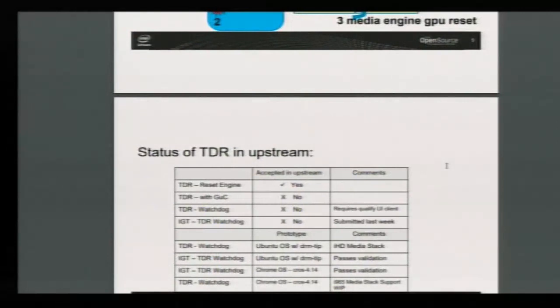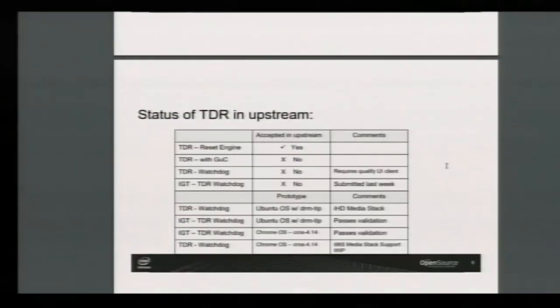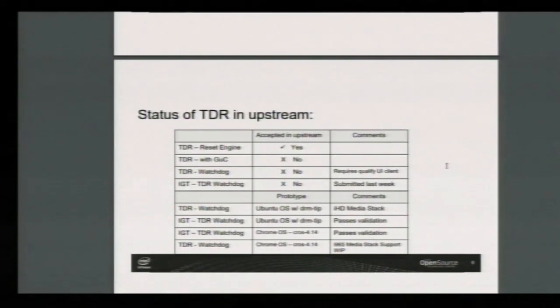The status right now of the TDR: the basic TDR using the default timeout has already been upstreamed. TDR with support for the GuC firmware is not upstream. TDR with the watchdog timeout is not upstream because it requires somebody to use it.